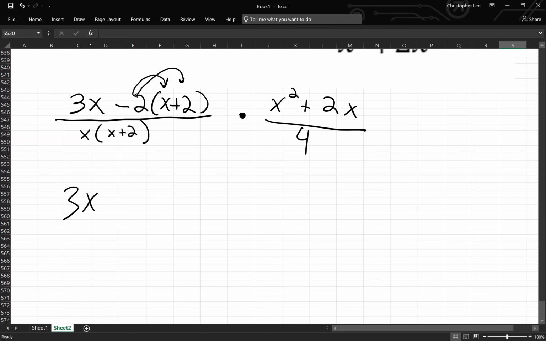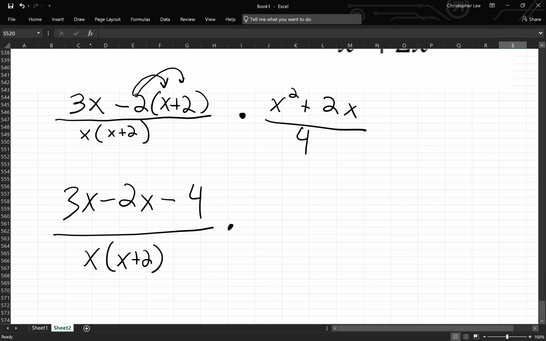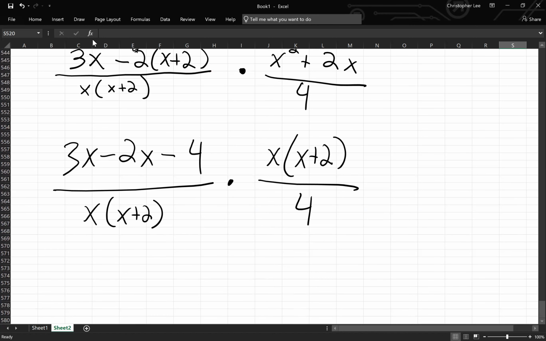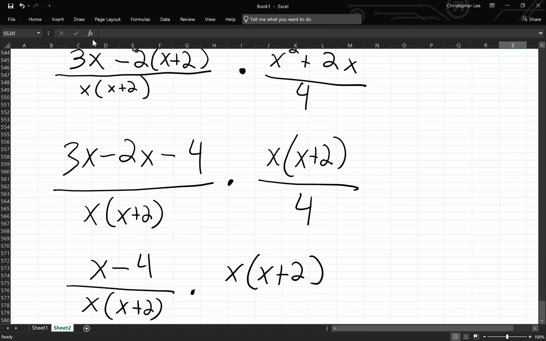Distribute, I have 3x minus 2x minus 4, all over x times x plus 2, times x plus 2 all over 4. Just factor the top. You combine like terms, you get x minus 4 over x times x plus 2, times x plus 2 over 4.